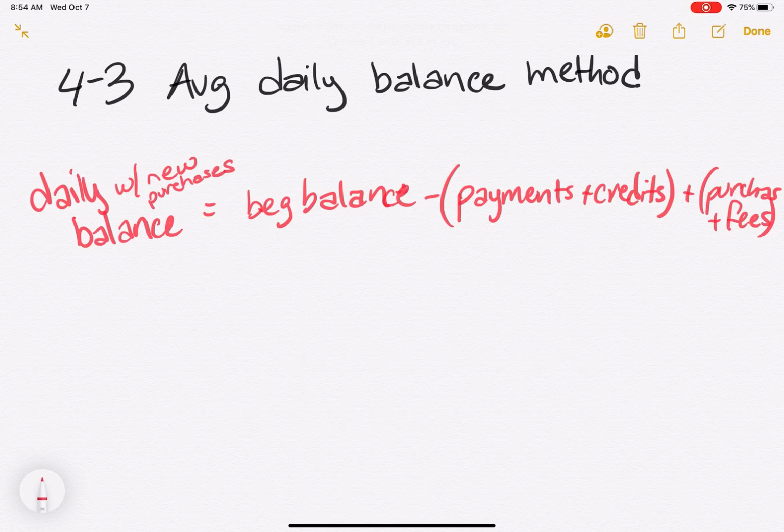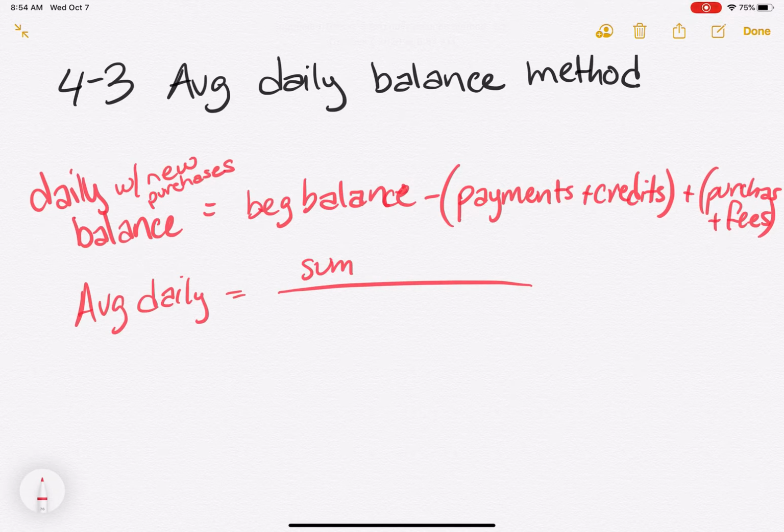Okay? So then average daily balance equals the sum of all the daily balances divided by the number of days in a billing cycle.